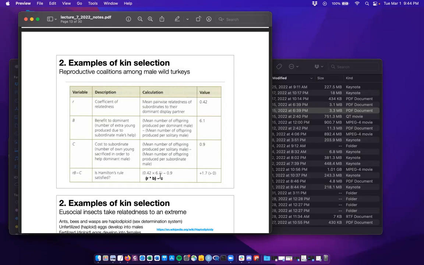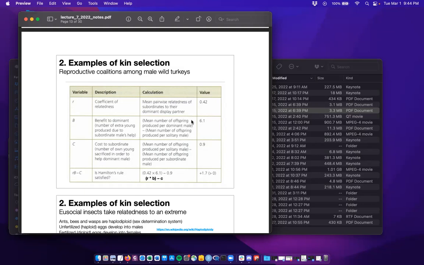So they could work out the benefit of being a subordinate: your relatedness to your dominant partner, times the dominant partner's offspring count, minus the cost of your own offspring count. So how many of your own offspring are you not having because you're playing subordinate to somebody else? If the dominant wasn't having any offspring, then you wouldn't be getting any benefit at all of being the subordinate. So it all relies on the fact that the dominant male is having a lot of offspring here.